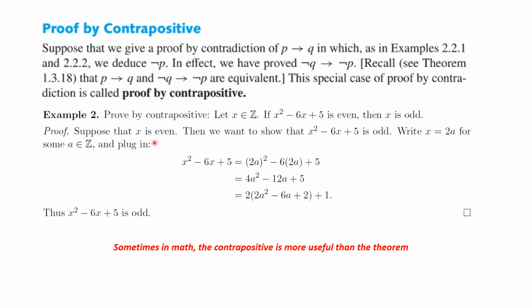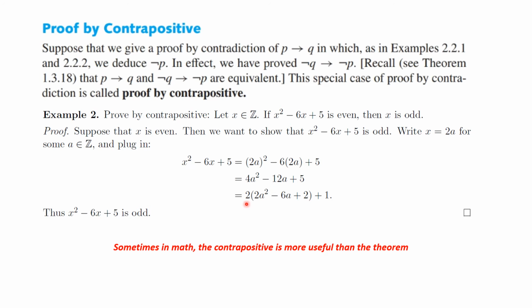So since we're assuming X is even, we can write X equal 2A for some A an integer, and we plug it in to this expression. And we do quite a bit of algebra. And we come down to this piece, and we realize that this is the same thing as having 2 times 2A squared minus 6A, and 2 times 2 is 4 plus 1.